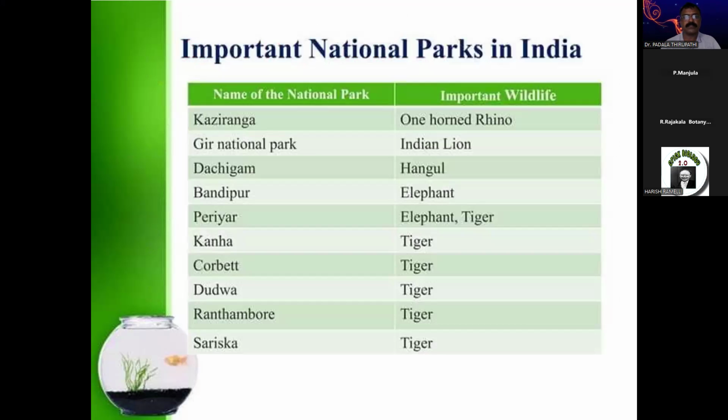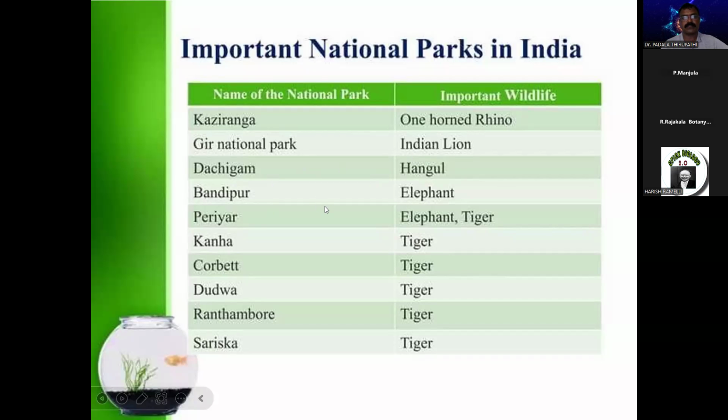These are some of the important national parks in India and the main animals conserved here. Kaziranga National Park: mainly the one-horned rhino. Gir National Park: Indian lion. Dachigam: Hangul.